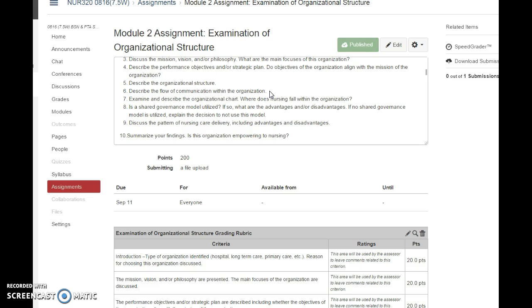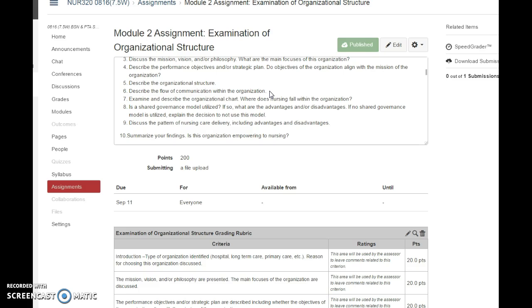So looking at it as a nurse, if I had a concern, who is the first person I would talk to? And then it might be my care manager, the floor manager, who then might take it up to the nursing supervisor, who then might take it up to the vice president of the hospital, or so on. So you can follow that communication either from the ground up or starting at the top and looking down.